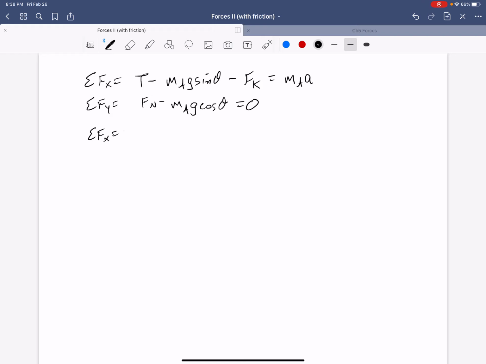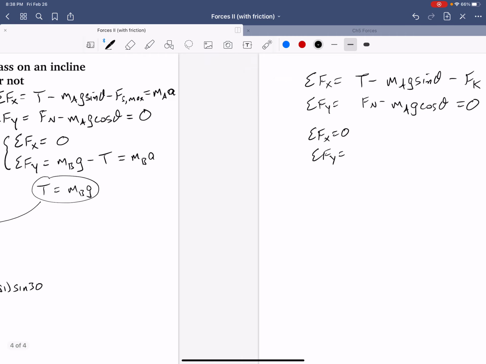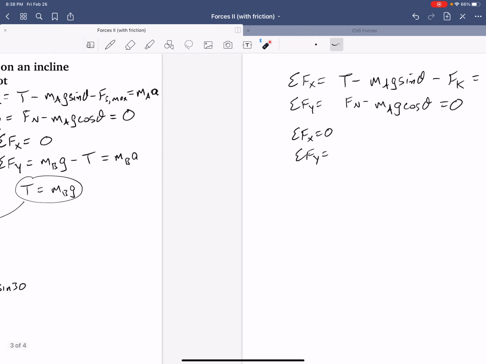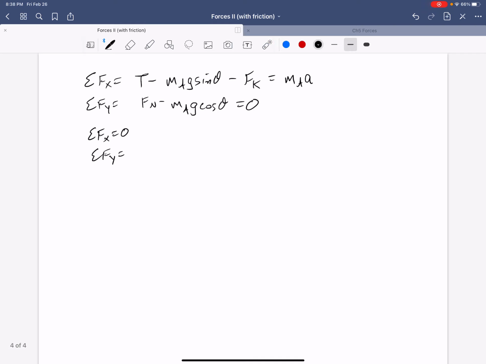And for B, the y direction was, we said down was positive. Down was positive for B. So that equation doesn't change, except we have ma. There.